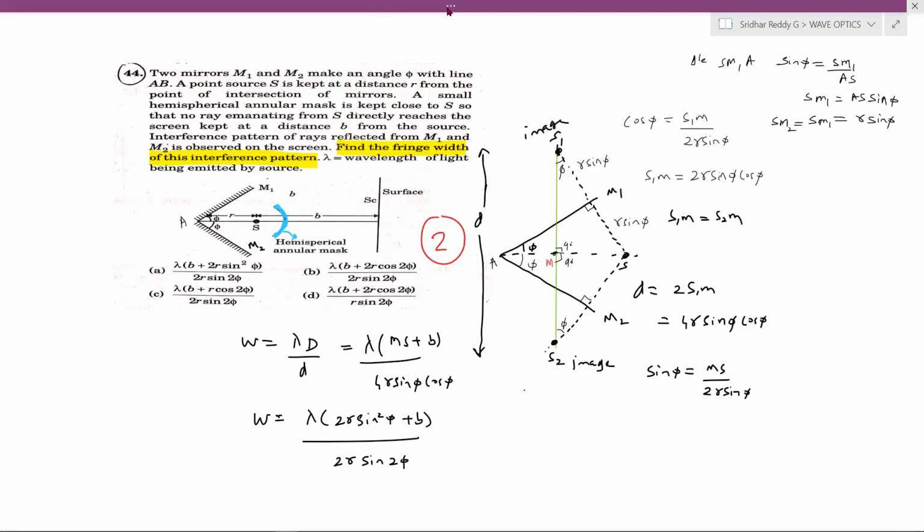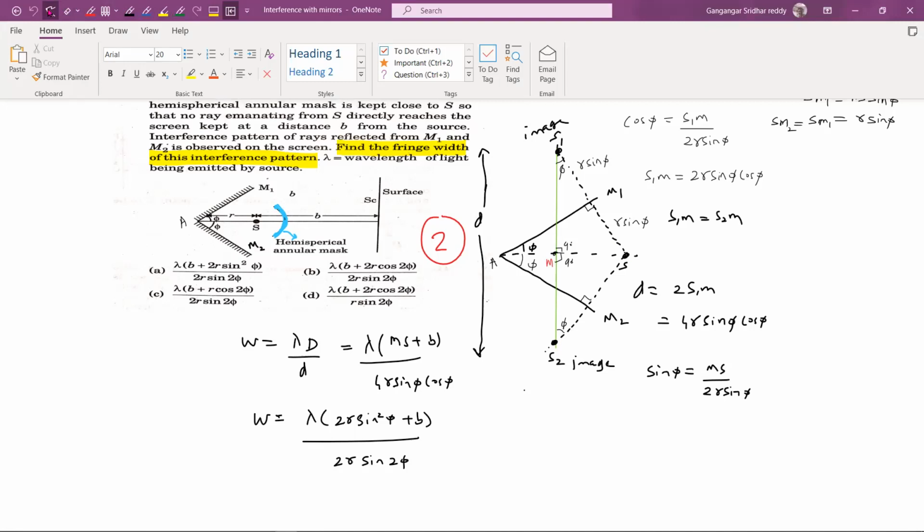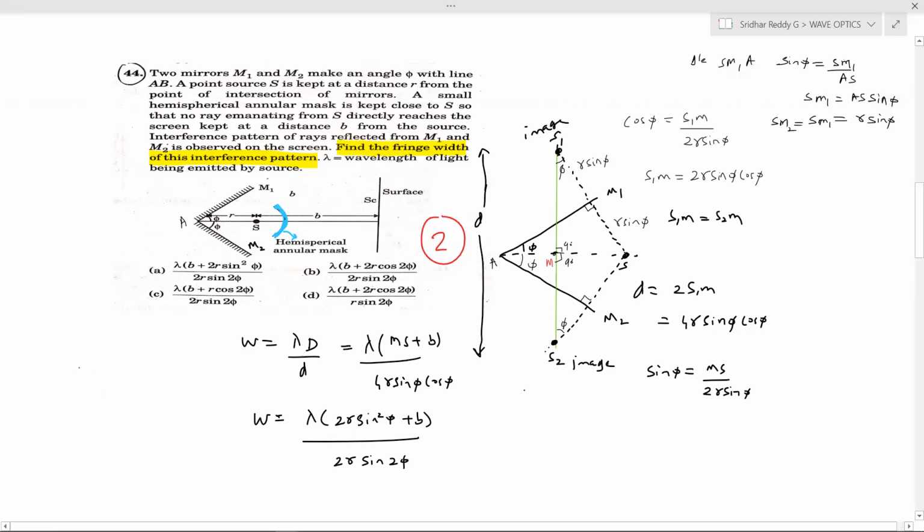If you go back to YDSE, this was the capital D, with the slit S1 and a point O on the screen. So I'll extend the diagram.